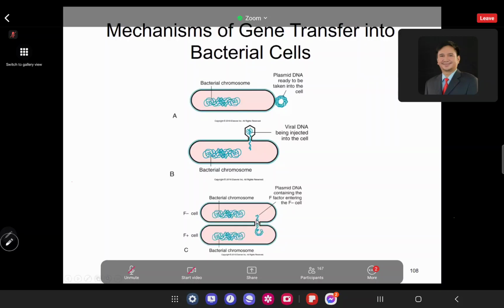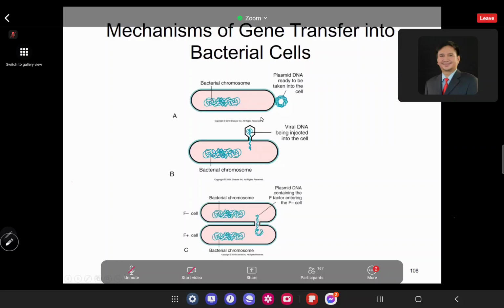It will donate the DNA into an F negative cell. So assuming like this is a gene. So therefore, when you transfer that F gene, your previously F negative cell will also acquire the F gene. Therefore, conjugation has been initiated and achieved.